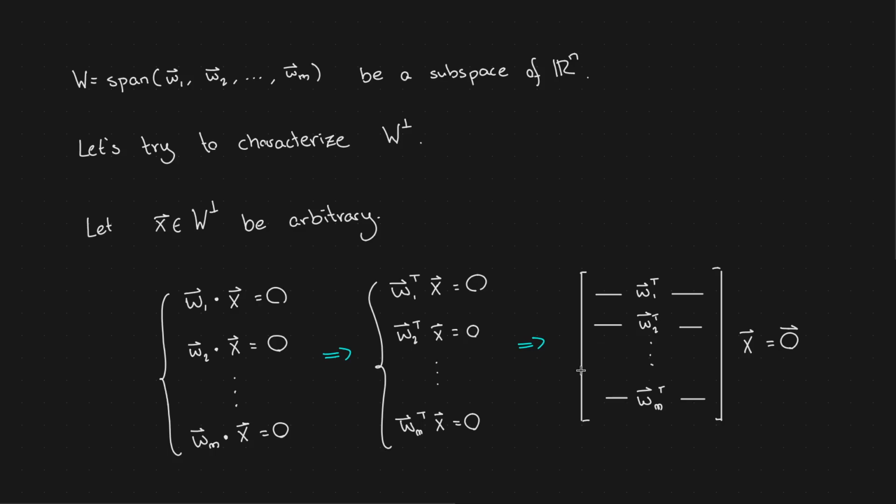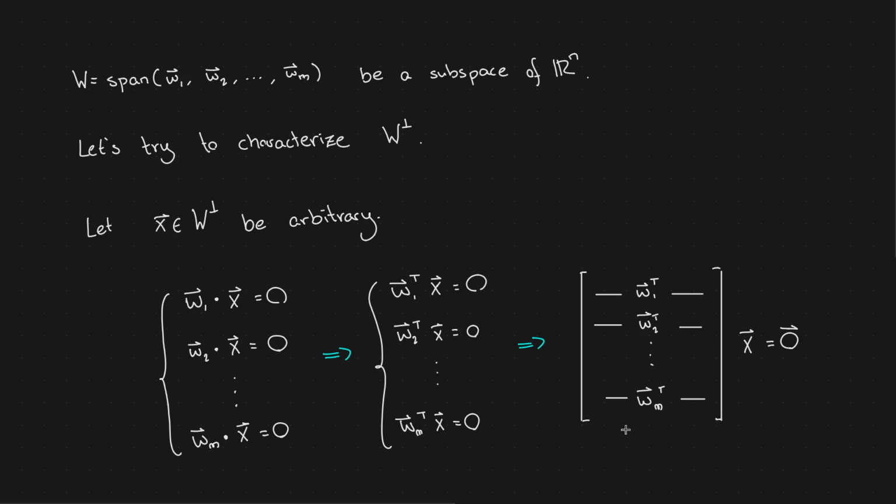This means exactly the same thing as I have here, because when I multiply a matrix with a vector, I go row by row and take the dot product of each row with this vector. So W1 transpose with x equals 0, and then do it for the next row, and then the next row after that.